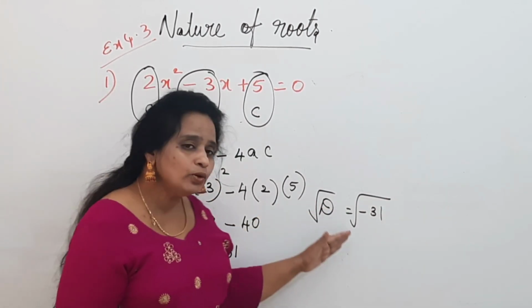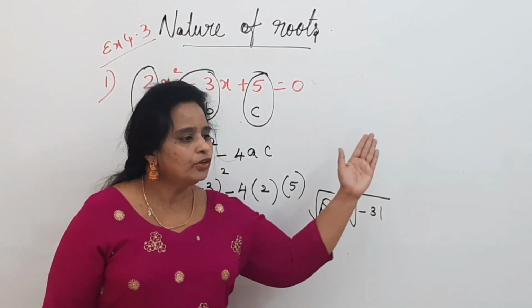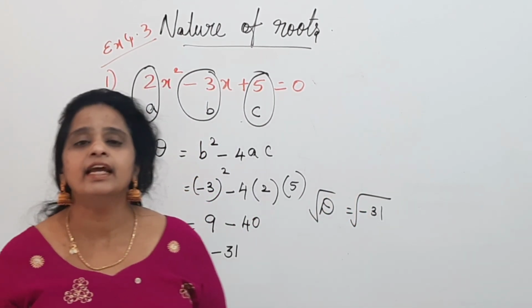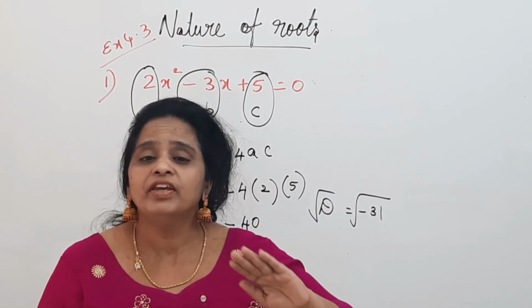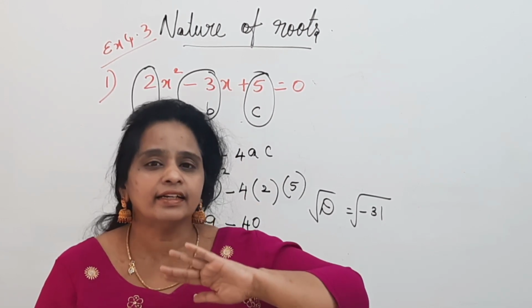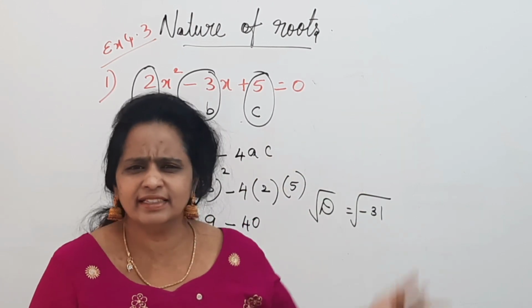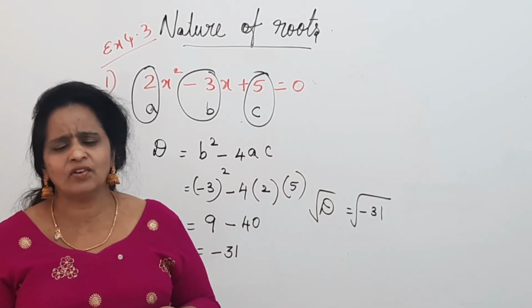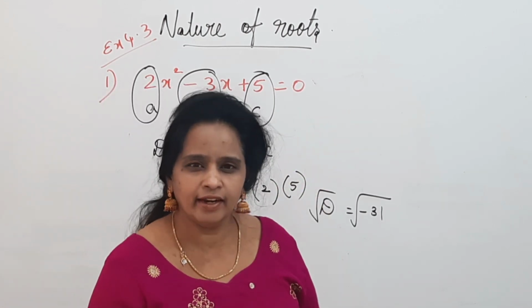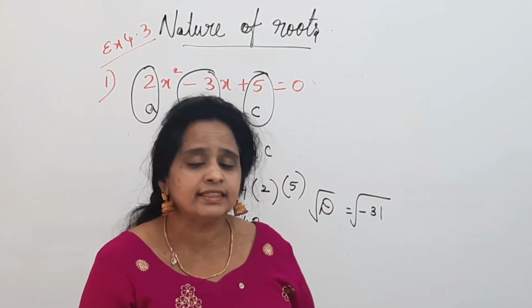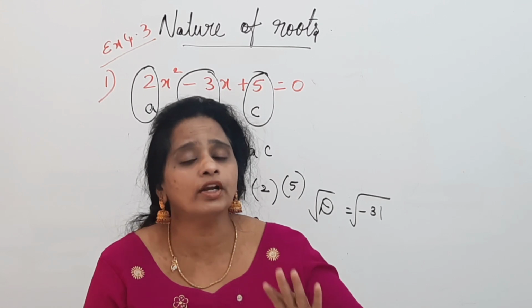But this root of minus 31, you cannot represent it on the number line. That's not possible. We just imagine that the number is somewhere existing. But I don't know whether it is existing or not. But we just imagine it is there. That's what we call, in 10th standard, the roots are not existing.